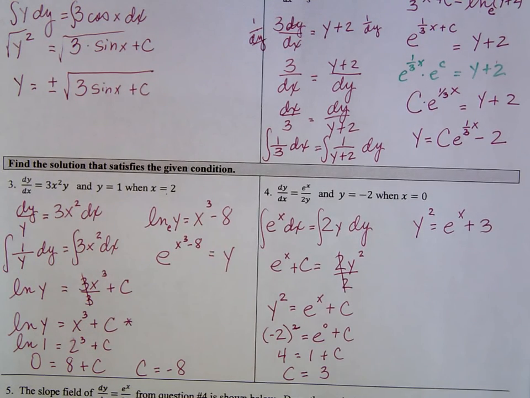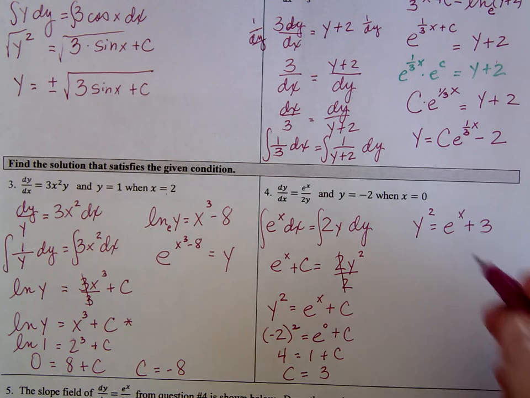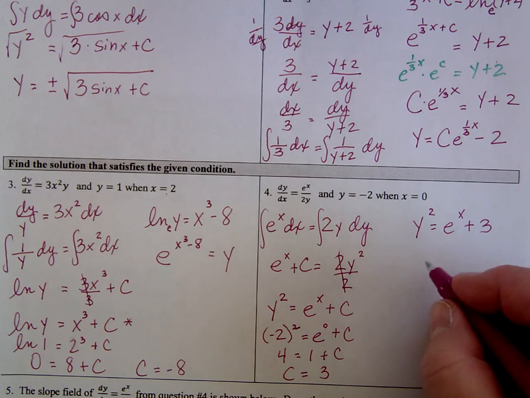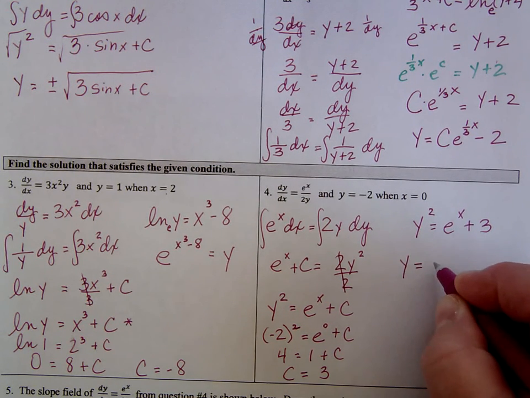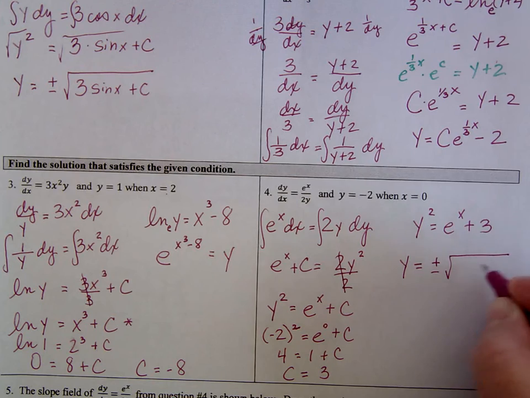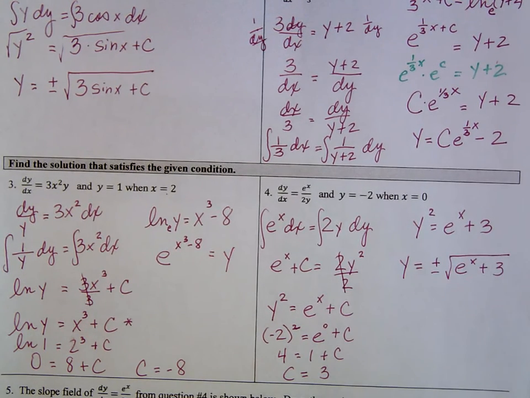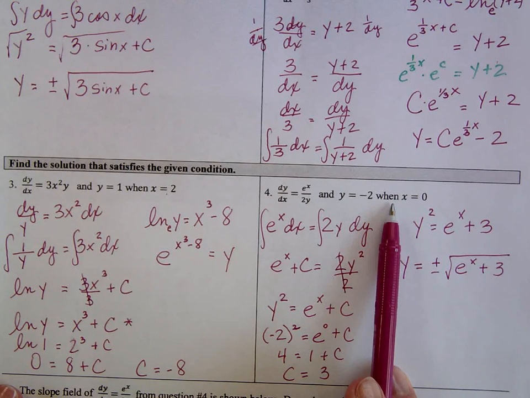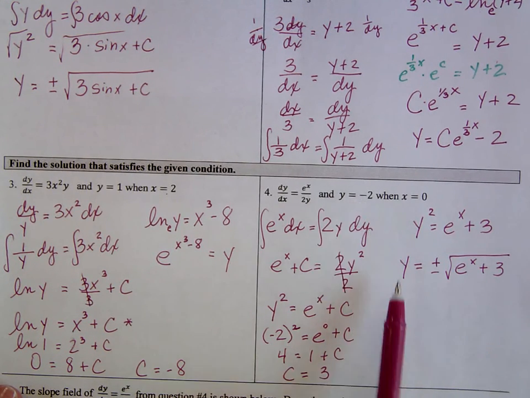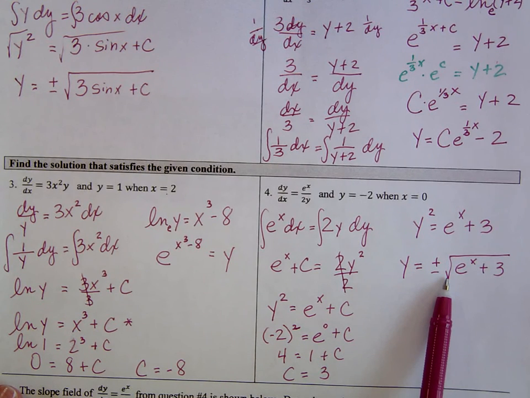And so when I go through and I square root this, just like I did back with number 1, I get y equals plus or minus the square root of e to the x plus 3. Now, if you remember, I said that it's going to be plus or minus unless they give you an initial condition. And because of this condition, I know that my y value is negative. The only way this can be negative is if this square root is negative, because if it's a positive square root, then y would be positive.